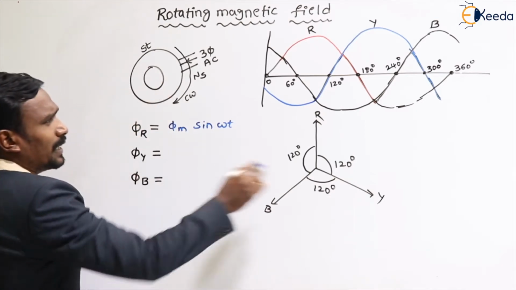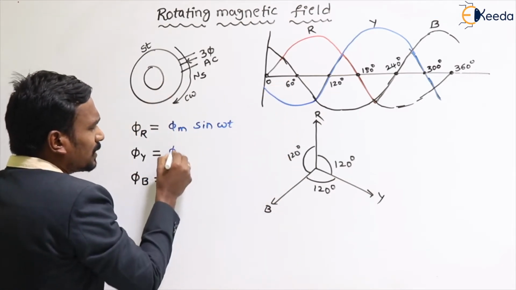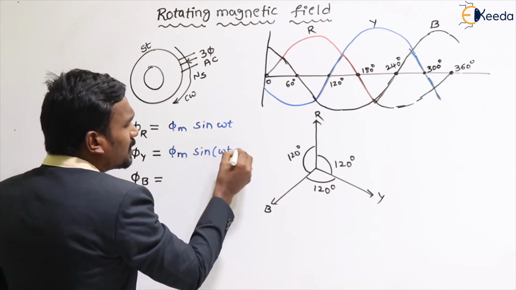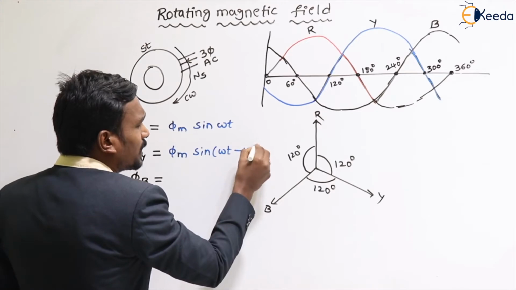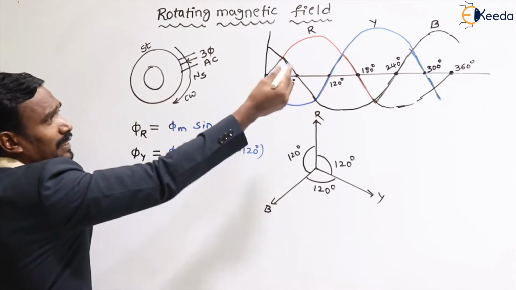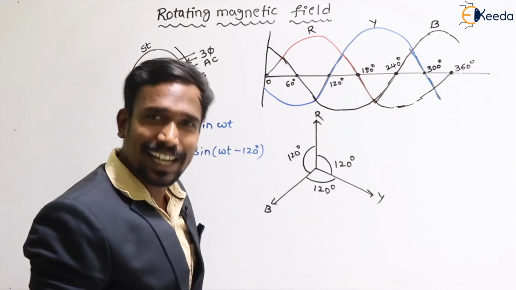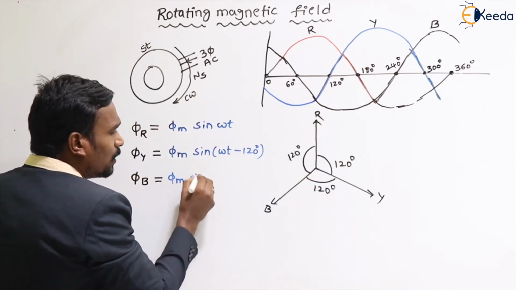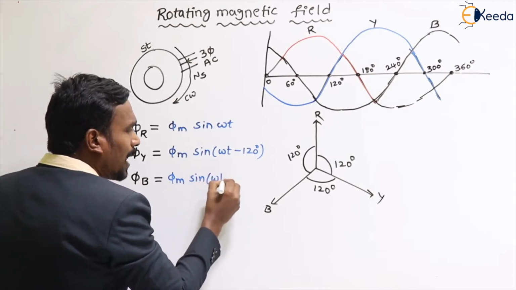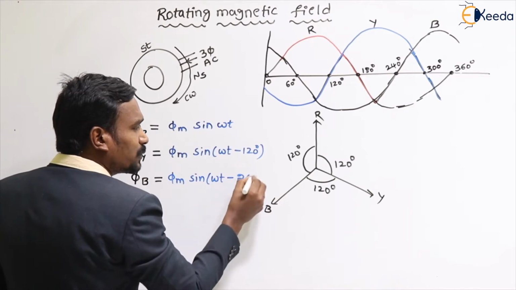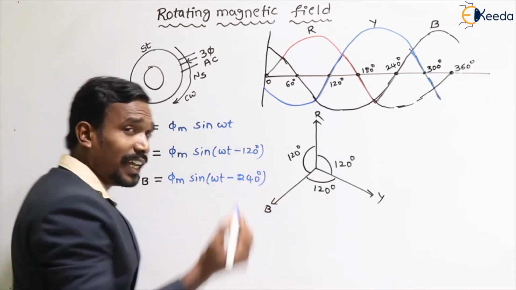After 120 degrees Y phase is there. That's why this is phi m sine omega t minus 120 degrees. After 120 degrees my B phase is initiated. That's why phi m sine omega t minus 240 degrees, since after 120 comes 240 degrees.